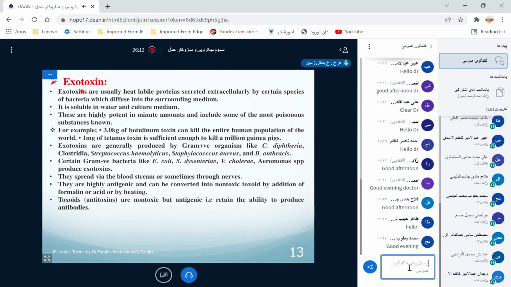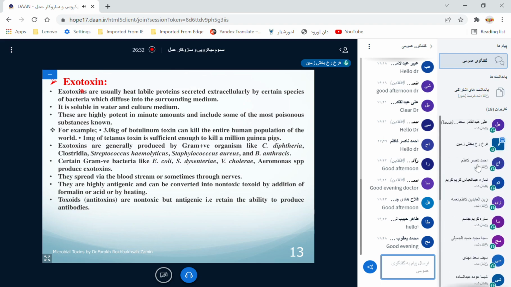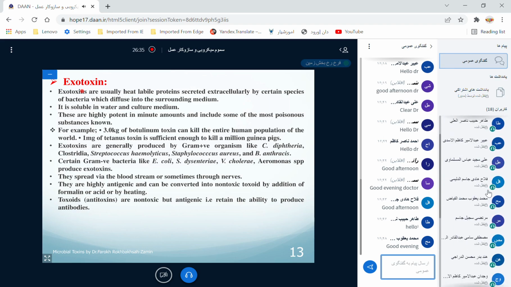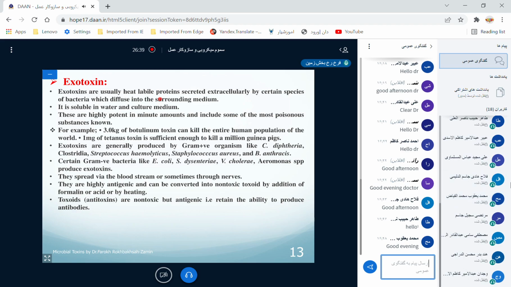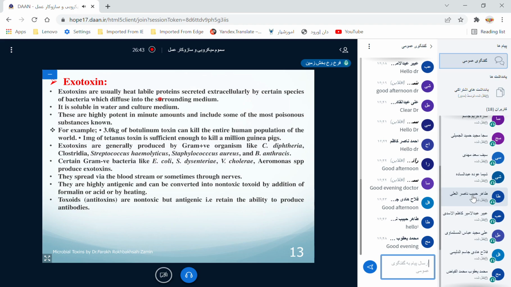If you remember, unlike endotoxins, exotoxins are produced during the life of the bacterium. They are secreted outside the bacterium and show their activity. Unlike endotoxin, which was lipopolysaccharide, it is protein.